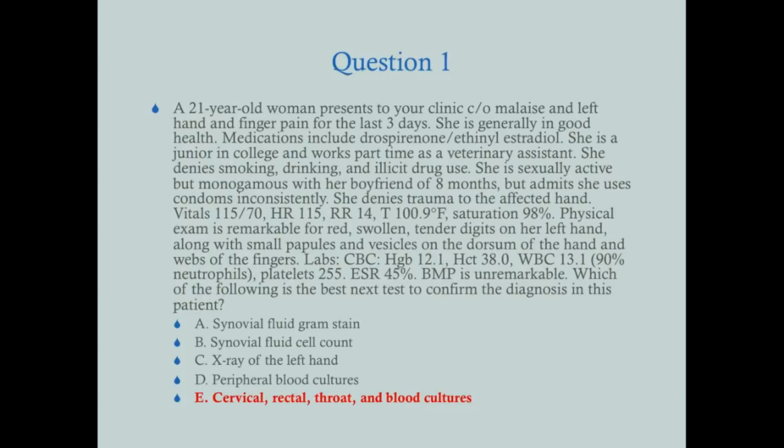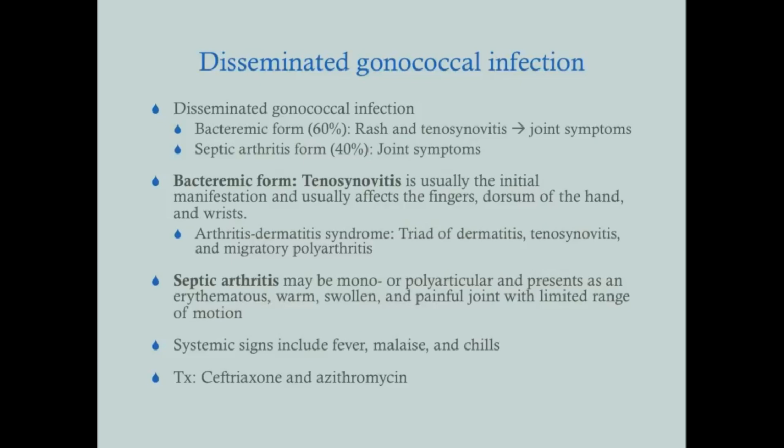So you can never just base a possible STD history on a patient by their monogaminity, to make up a term here. You have to understand that there's a possibility that the partner is not monogamous, or possibly that the partner carries the pathogen, especially if we're talking about chlamydia here, gonorrhea a little bit different, but the possibility that the partner carries it. Okay? So this is disseminated gonococcal infection.